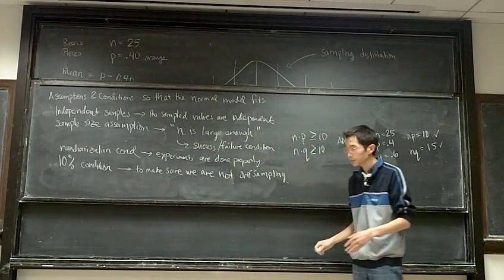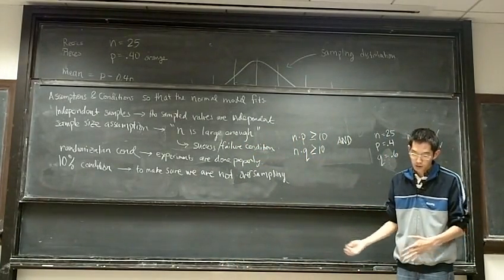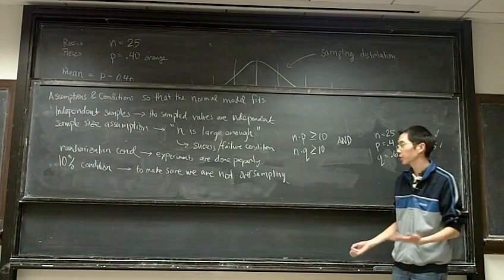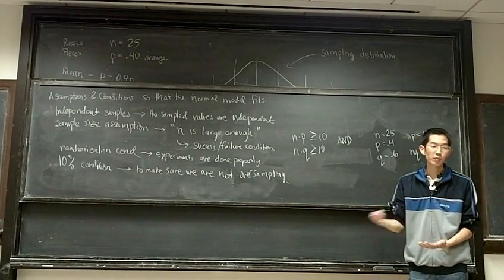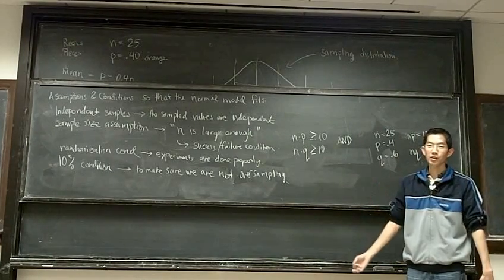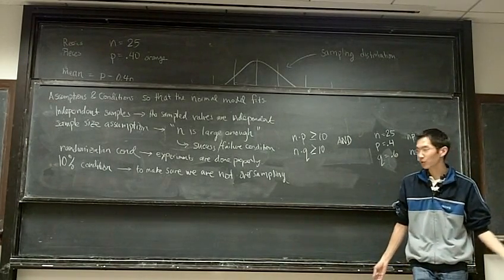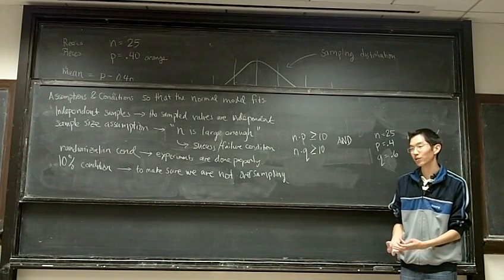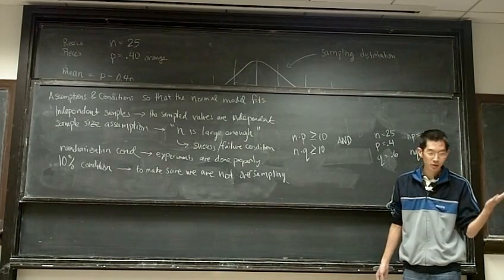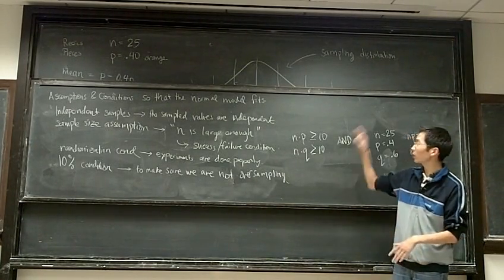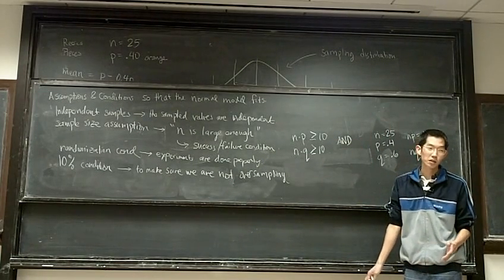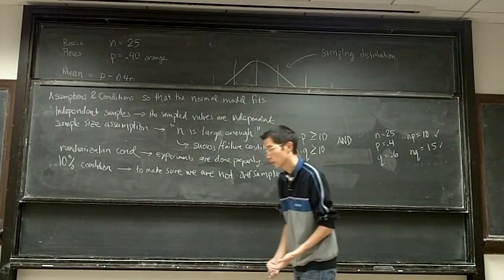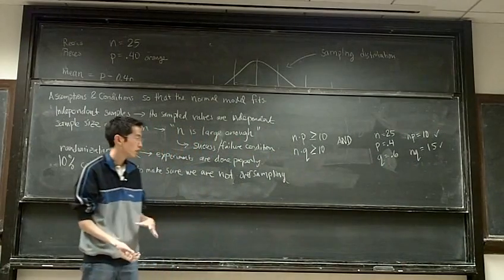So if there's 100 people in the room, we want to make sure we're not drawing more than 10% of the population. If our population is 100 people, and we're curious what proportion believes in ghosts, it would be easy to just ask all 100. But if we want to look at a sampling distribution and things like that, we shouldn't ask more than 10 people at a time, just because when you start making your samples too large, it's going to alter things.